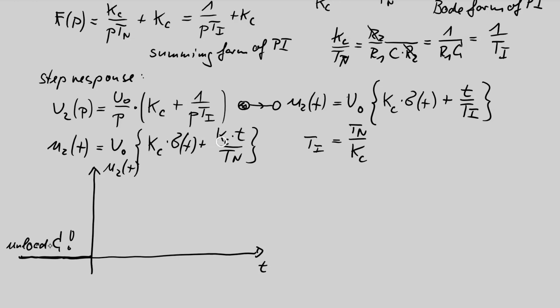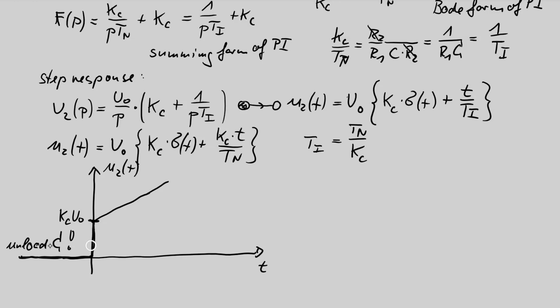Then, at the first moment, the ramp has no effect. You have only the step function, and the step amplitude is Kc times U sub O. And then the ramp starts, and what we can find out is that a good value is if T is Tn, then the increase has the same amount as Kc times U sub O, the starting value.